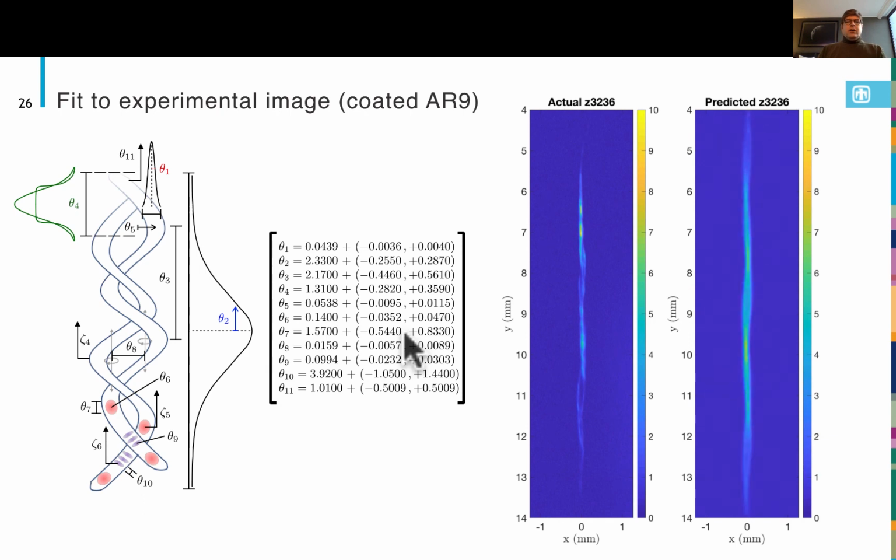We now can form an ensemble of what the predicted stagnation could look like, sampling from this distribution in thetas, and then randomly choosing what the zetas are. And that ensemble is what is shown here in the movie on the right.